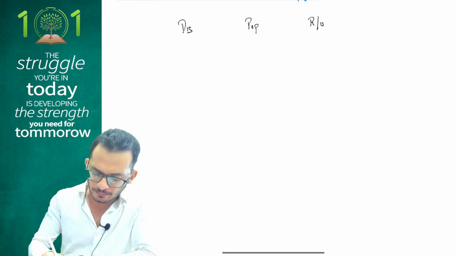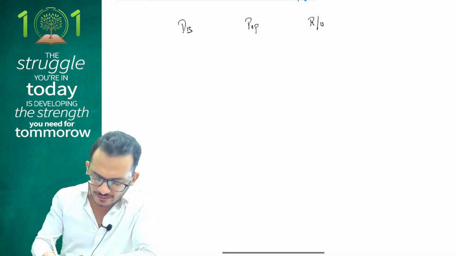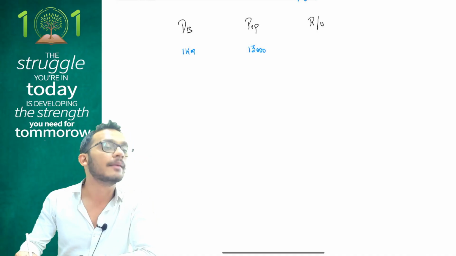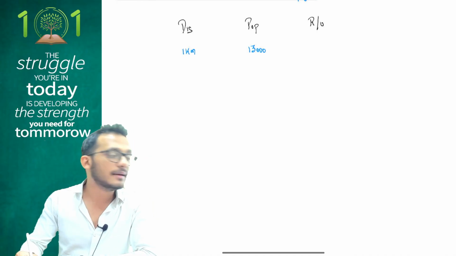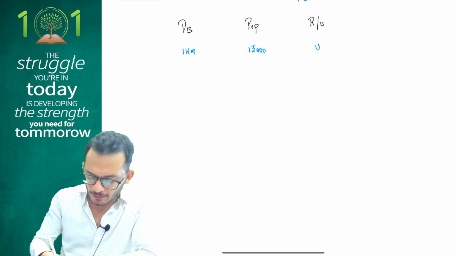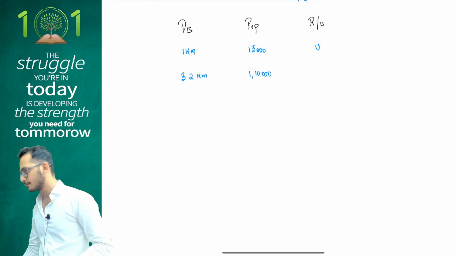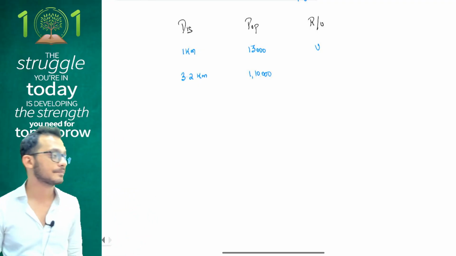Case number 1. My distance is 1 kilometer, my population is 13,000. My land is urban. Very good. I have a distance of 3.2 kilometers and my population is 1,10,000.